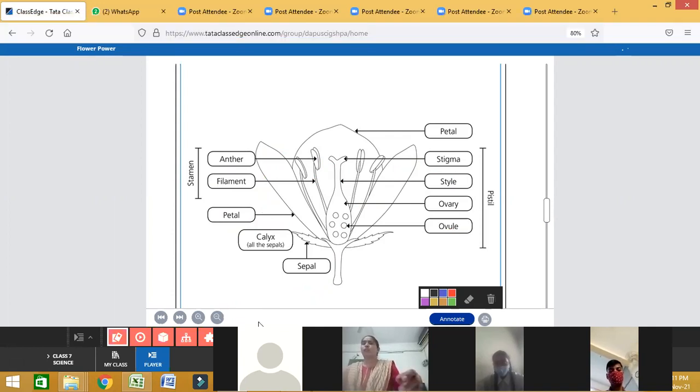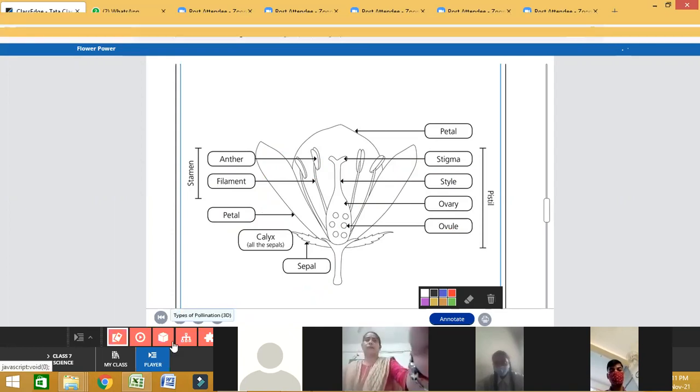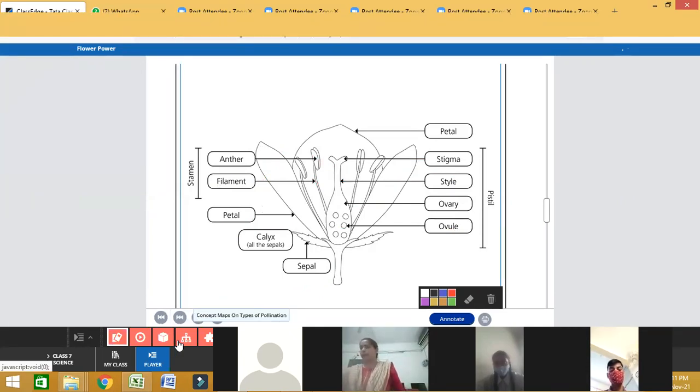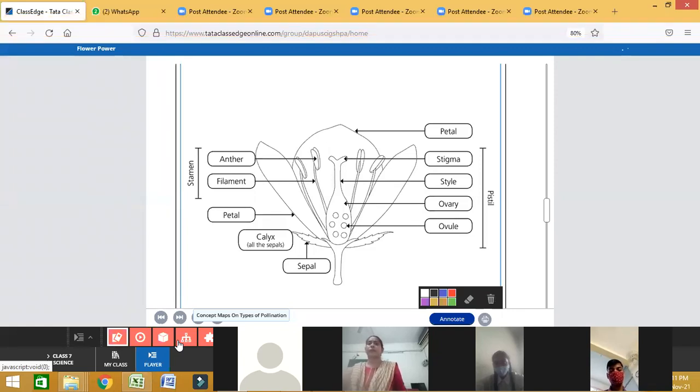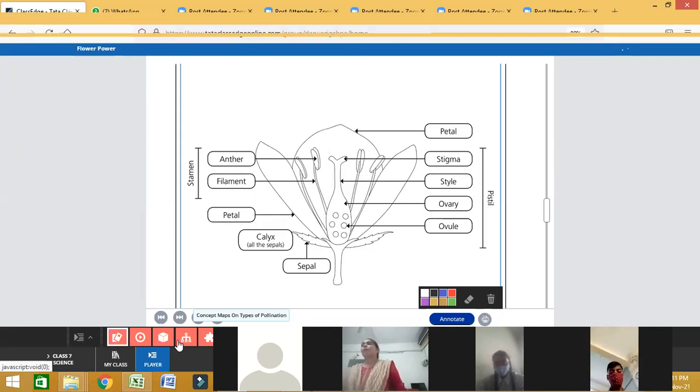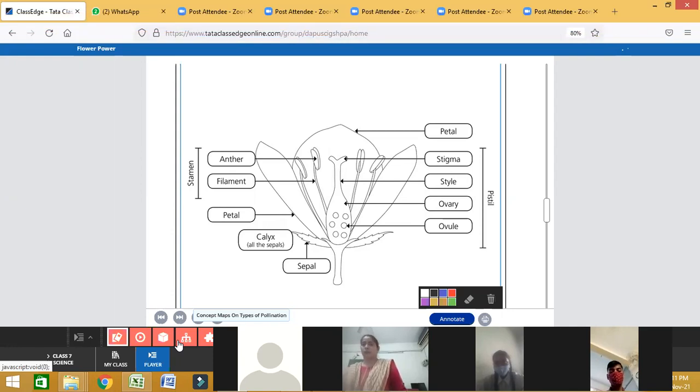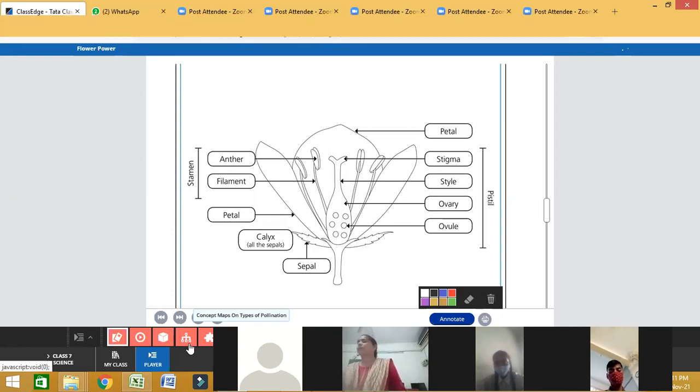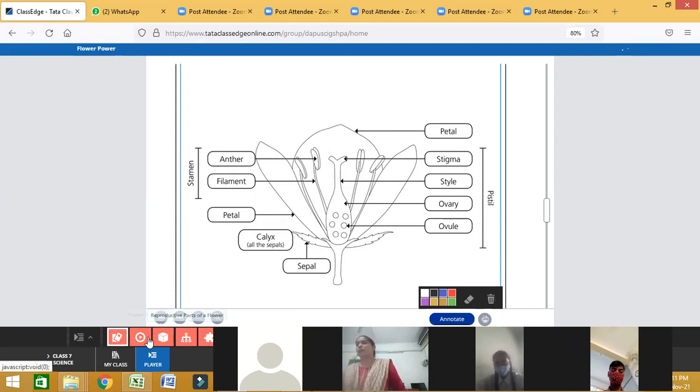As you know, asexual reproduction takes place by different means like budding, by stem cutting, by fragmentation, by spore formation. Now I'm going to explain in detail about sexual reproduction.